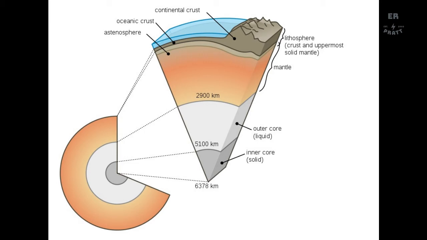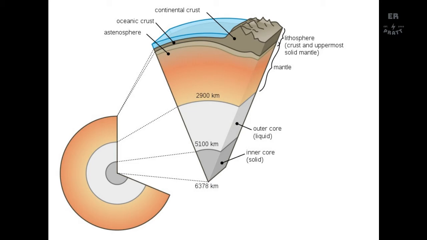The outer layer is a chemically distinct silicate solid crust, which is underlain by a highly viscous solid mantle. The crust is separated from the mantle by the Mohorovičić discontinuity. The thickness of the crust varies from about 6 kilometers, 3.7 miles, under the oceans to 30–50 km, 19–31 mi, for the continents.